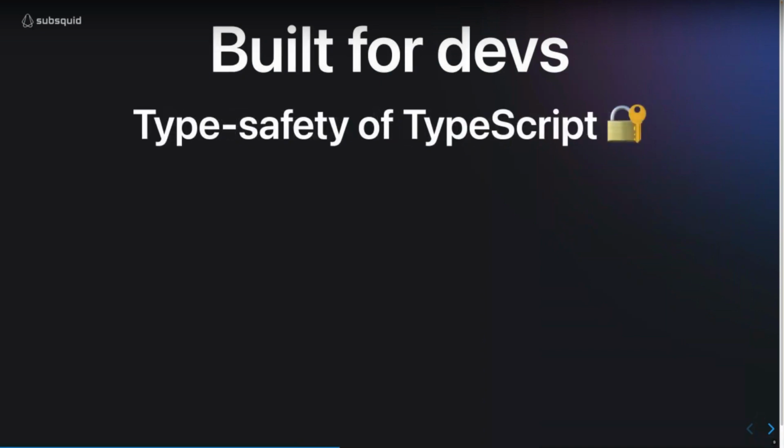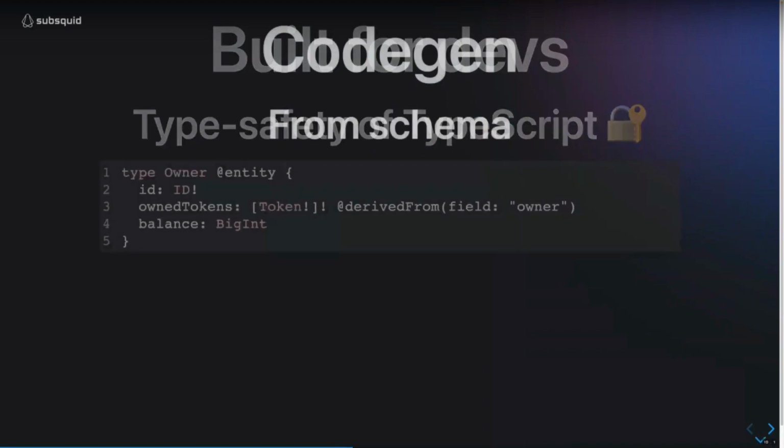And I mentioned the issues of typings and the bugs that it introduced. We have automatically generated code that respects the types of the on-chain data, so that you don't have to write custom code for it, and it's already done for you, so it should be bug-free, or as bug-free as possible.